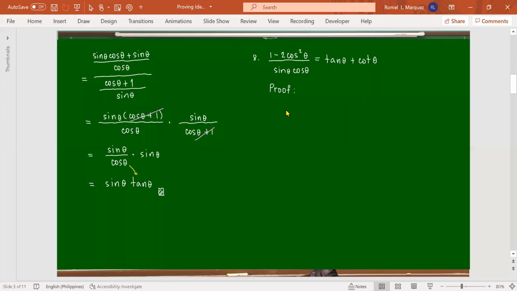So we have the right side. Let's work on the left side. 1 minus 2 cosine squared theta all over sine theta cosine theta. Okay? So let's work on this side.